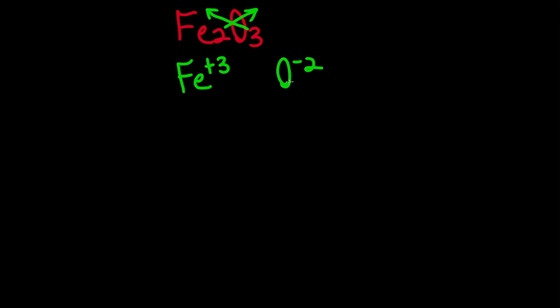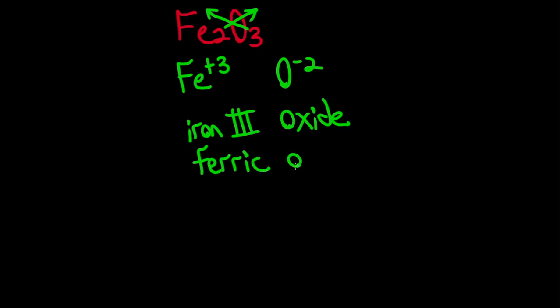I know by now that this O with a -2 charge is going to be oxide, and I know that my iron is going to be in that transition metal chart, so I can call this iron(III) oxide, and because that 3 is the higher of the two charges on iron that I can have, I can also call this ferric oxide. And my common name for this, believe it or not, is good old annoying, frustrating rust.